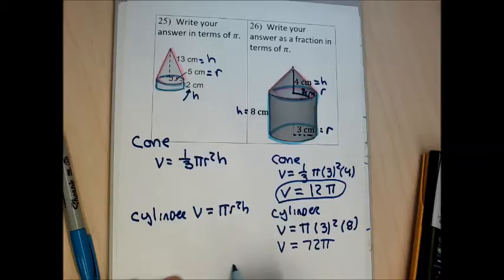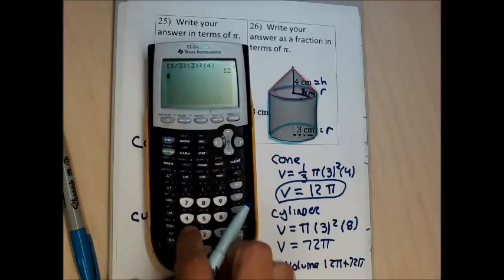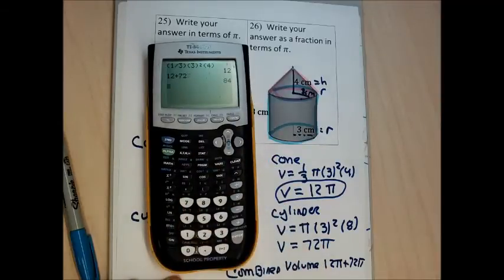For the combined volume, or my answer, I'm just going to add the 12 pi cubic centimeters plus the 72 pi cubic centimeters. To do that, I just have to add the 12 and the 72, and I get 84.